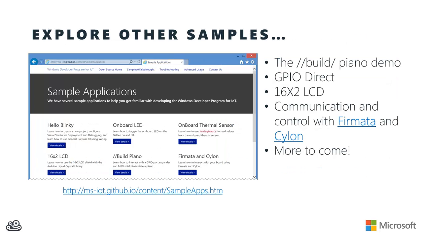And as I mentioned, in that GitHub, there's a ton of other samples. So there's the good old Blink sample, which is pretty much what we just did. There's another version of that where you use direct GPIO. Instead of going through the Arduino pin modes and digital reads and digital writes, there are direct SDK methods instead. The Quark processor on your Galileo actually has a thermal sensor in there that you can read using analog read. So there's a sample there. There's playing around with 16x2 LCD displays.